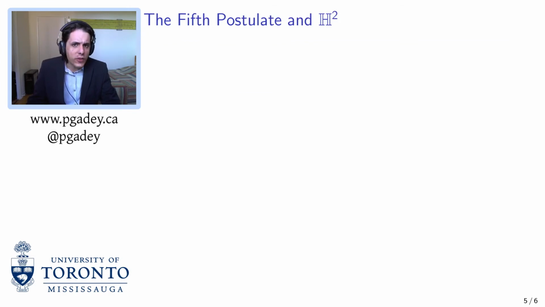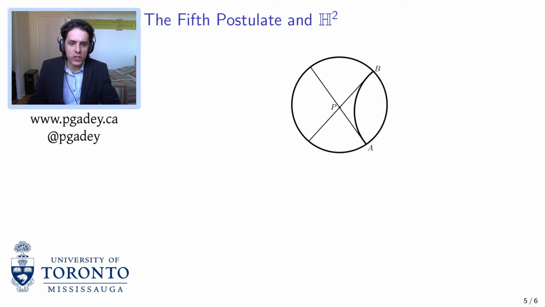Now that we've got this notion of lines and transformations, what does this say about the theory of parallels in the fifth postulate? Given a pair of points A and B in the hyperbolic disk model, we have a line passing through A and B, and if we take the tangents at A and B, we get that they intersect at a point P. Now, here's the interesting thing.